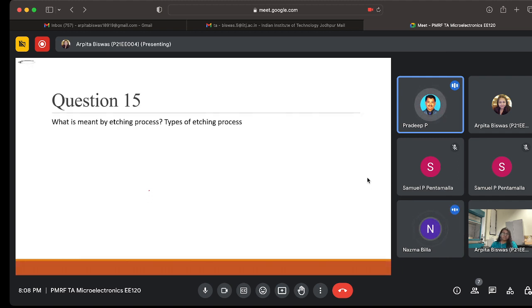Actually, we are removing unwanted portions, madam, by using some chemical process. Okay, so there are mainly two types of process: one is dry and the other is wet etching process.